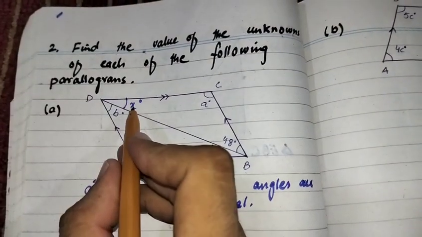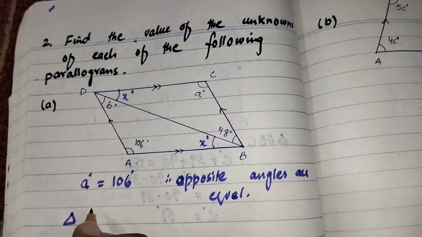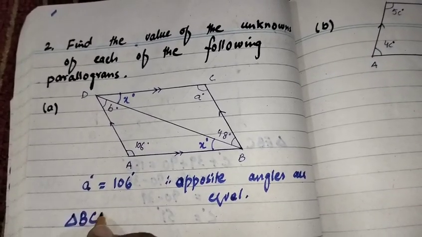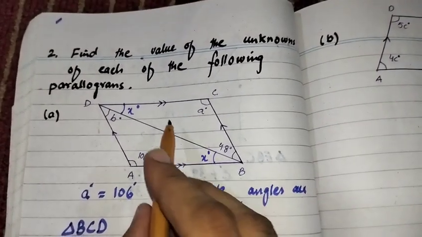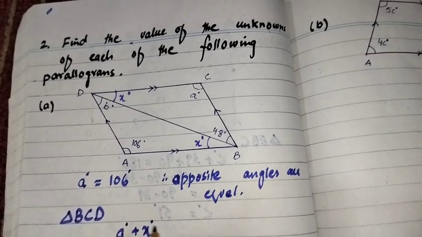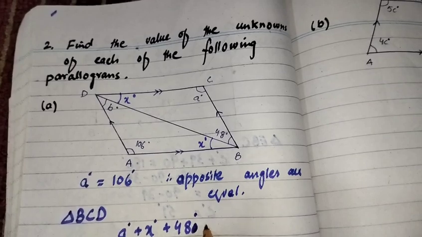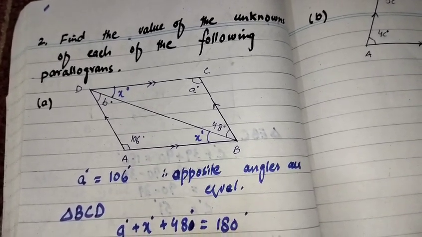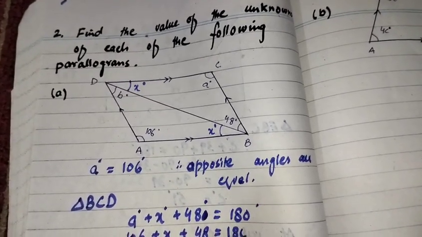First we will find this x. How will we find this x? I am considering the triangle BCD. In triangle BCD we have three angles: angle A degree, angle x degree, and 48 degree. The sum of these three angles must be equal to 180 degree. And A is 106, so 106 plus x plus 48 must be equal to 180 degree.